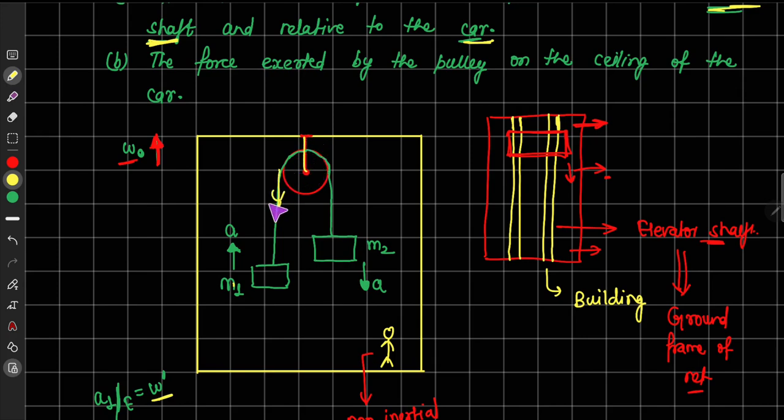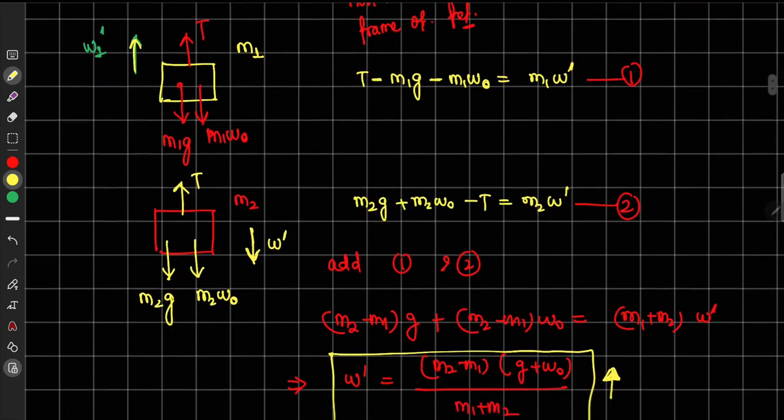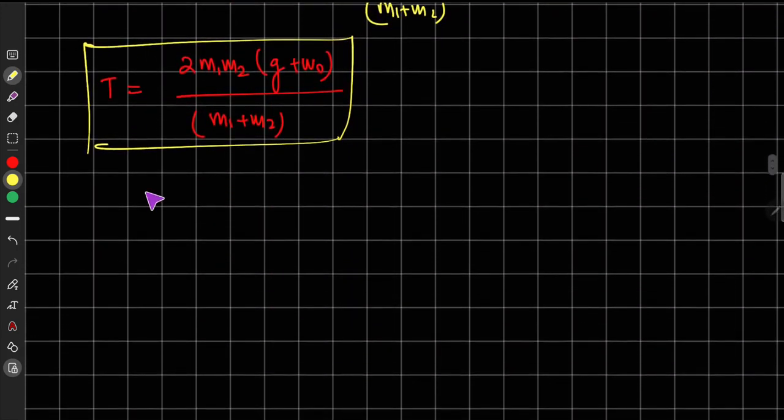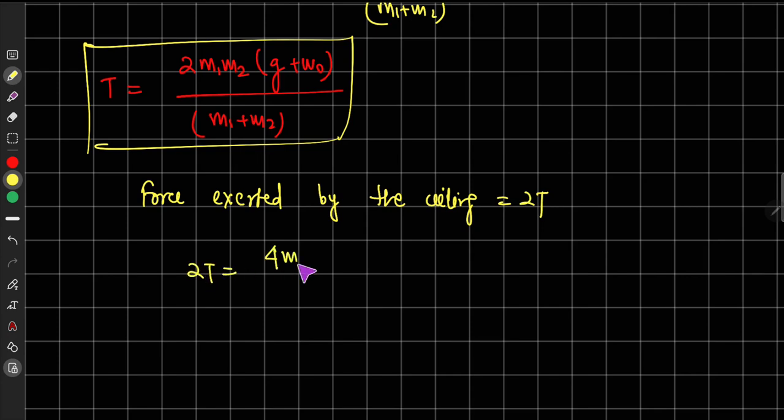So if this particular tension force is T, and this particular tension force is T, then this tension force will be 2T. So we can write the force exerted by the ceiling is equal to 2T, and that we can write as 4 m1 m2 times (g plus w0) whole divided by m1 plus m2.